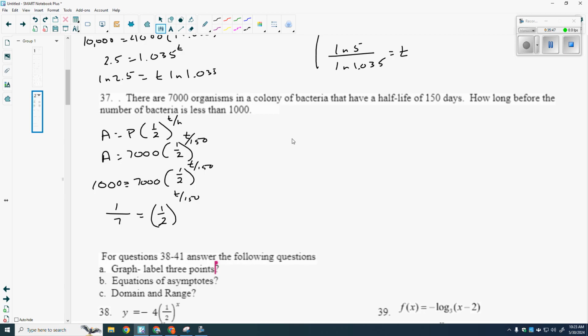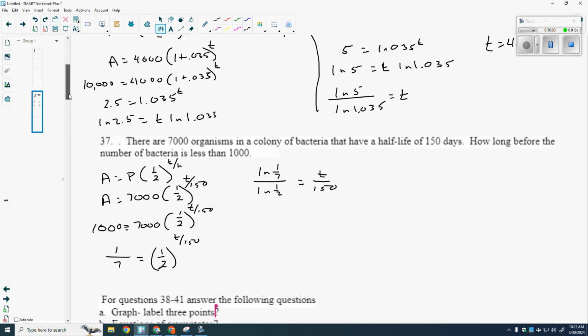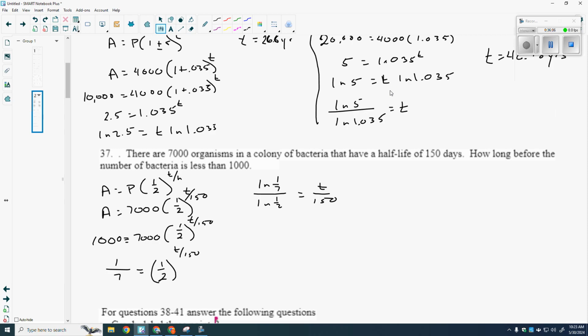Take the log of both sides. You can see where we're going with this. So ln of 1/7 divided by the ln of 1/2 equals t divided by 150. Hopefully you can do the ln of both sides and the simplifying like we did right here. Hopefully we can go from here to here pretty easily at this point.